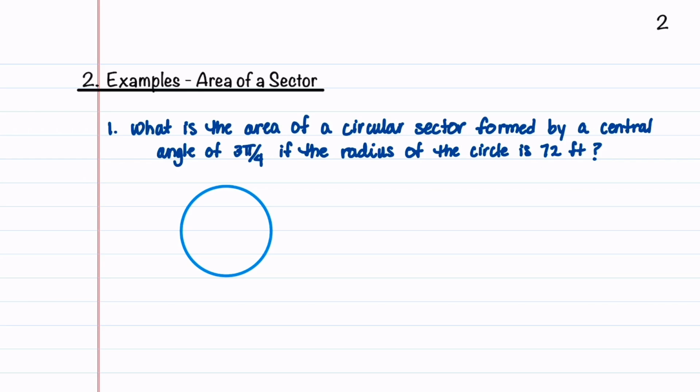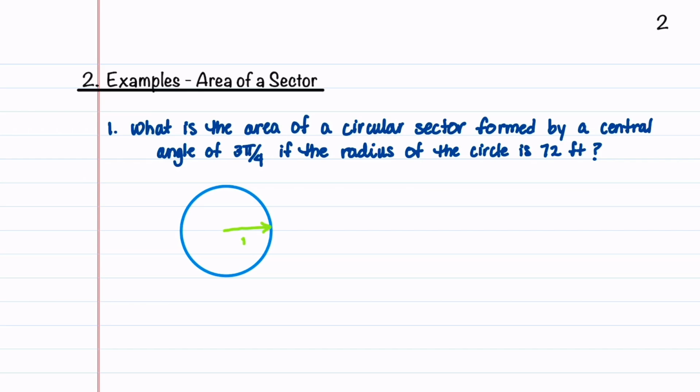In our first problem, we're asked to find the area of a circular sector formed by a central angle of 3 pi over 4 if the radius of the circle is 72 feet. Let's begin by drawing our radius and our angle theta.